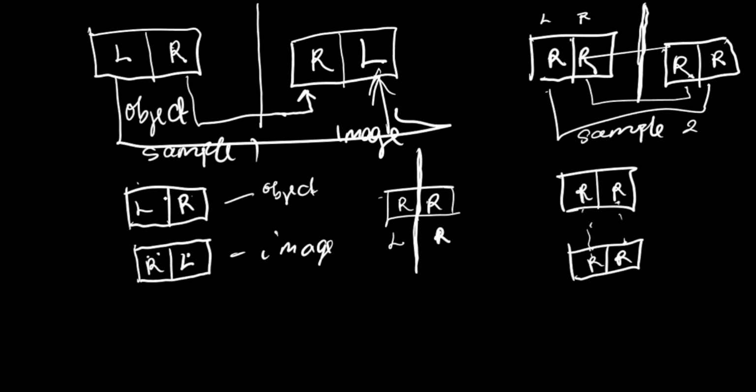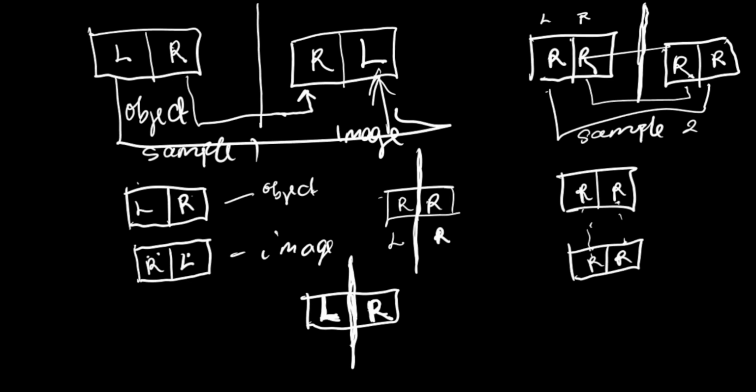However, if we take a look at sample 1, let's bring down our object. So our object looks something like this. We have LR. Now if we draw a line that divides our object into 2, notice that this line of symmetry doesn't divide the object into 2 identical halves. Why is this so? On the left side we have an L, and on the right side we have an R. These 2 halves are not identical because we do not have the same letter of the alphabet written on both sides.